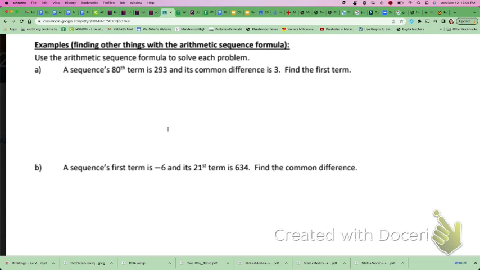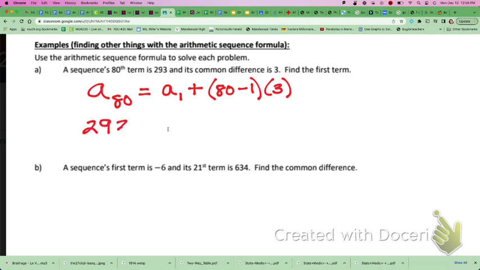Or create our function. So a sub 80, the 80th term, is equal to my first term plus n, which is 80 minus 1, times 3. We were told that the 80th term was what number? 293, so I can turn that a sub 80 into 293 is equal to my first term plus 79 times 3.